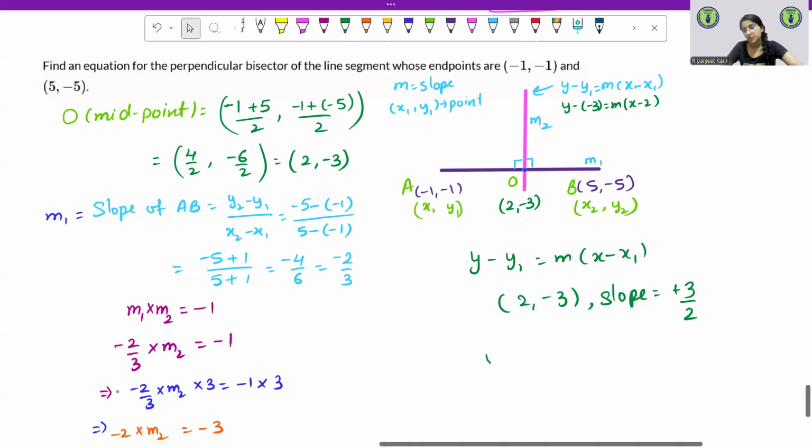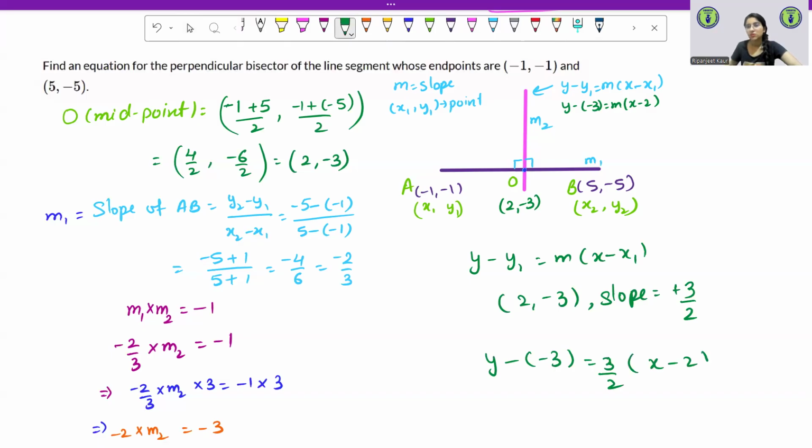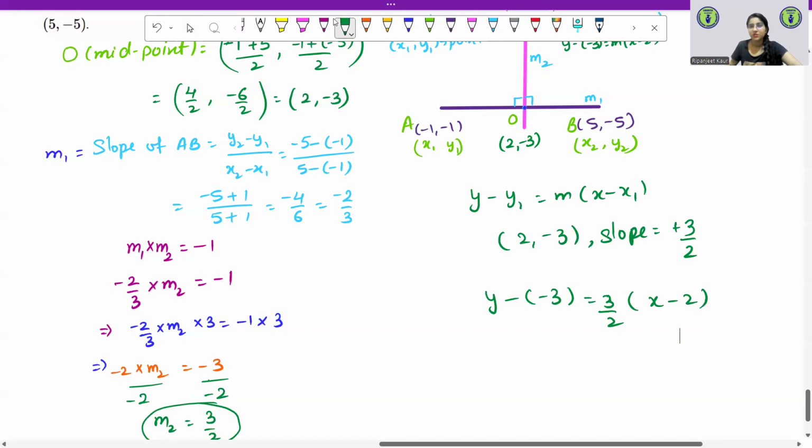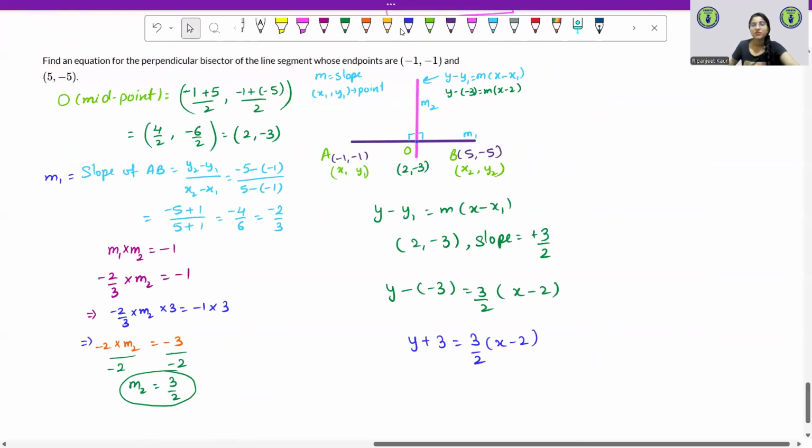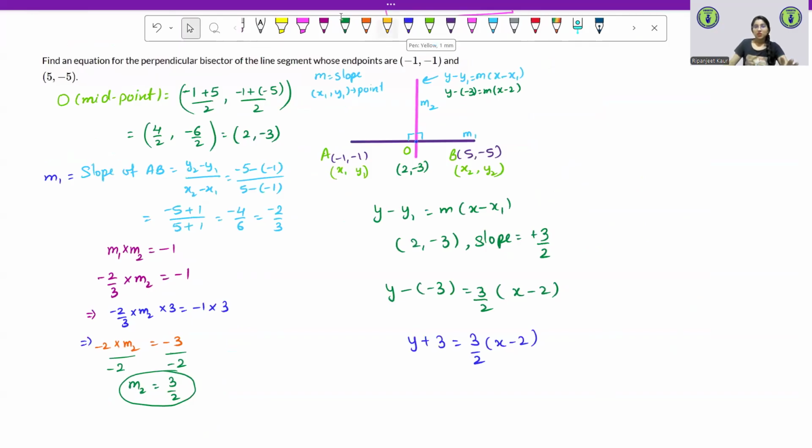So we got y minus y1 equals m, which is 3 halves, times x minus x1, which is 2. So over here, what we got is y plus 3 equals 3/2 times x minus 2. And this is our point slope form. We can keep our answer to this also.